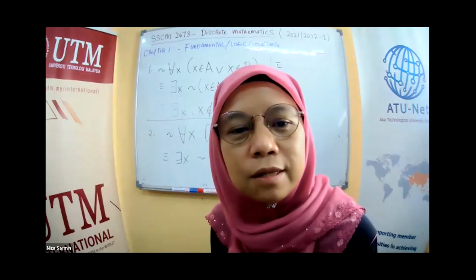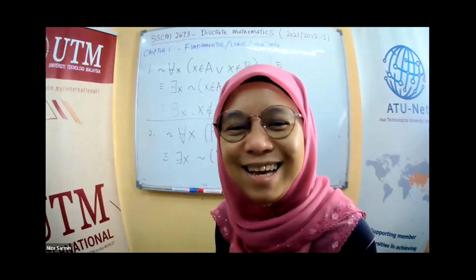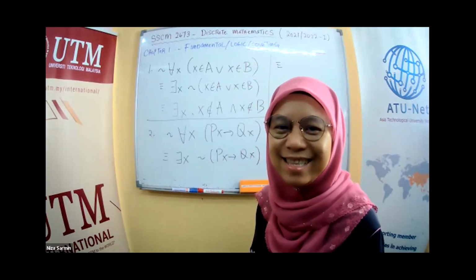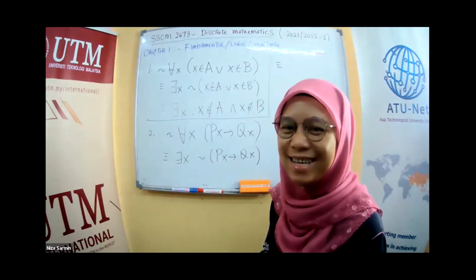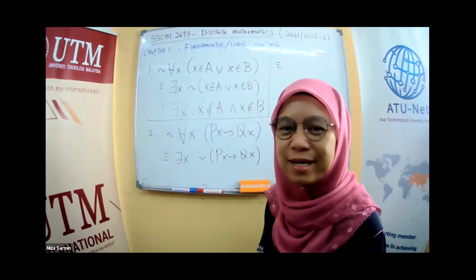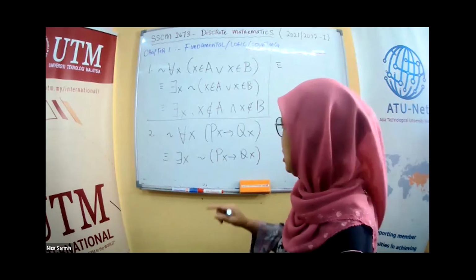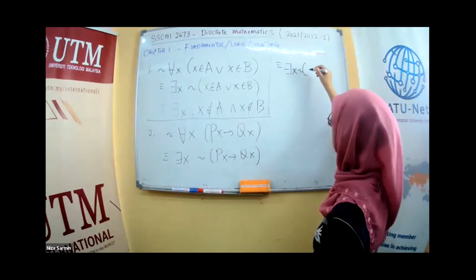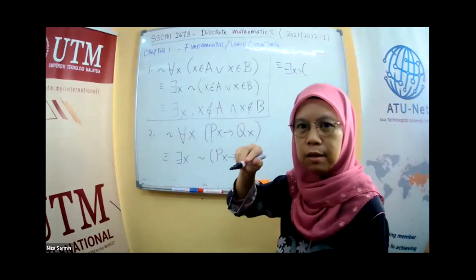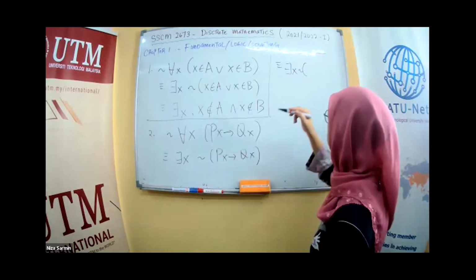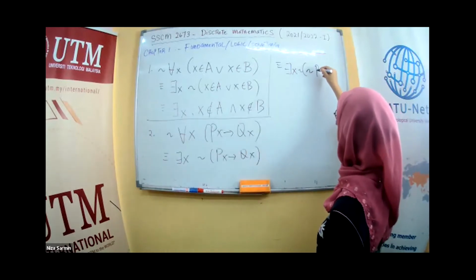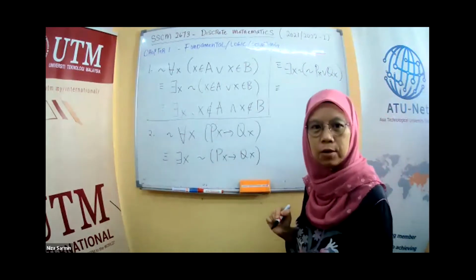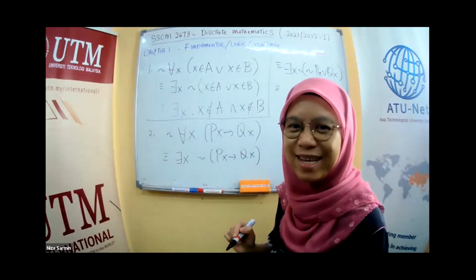Let me hear your voice. I can see Alia. Alia? Can you? Yeah. What do you have to do? To change this implication into or, right? So just now P implies Q is not P or Q, right? So not P or Q. Okay, I gave you a hint already.